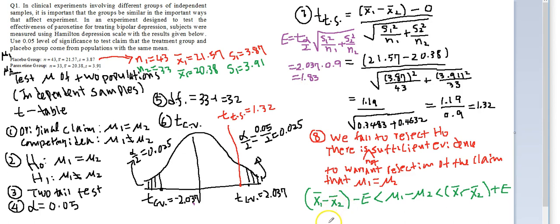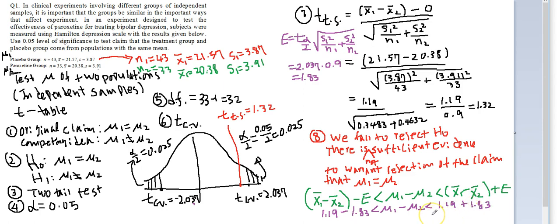Now we're going to come here, x bar 1 minus x bar 2, it was the 1.19. So we have 1.19 minus the margin of error, which is 1.83, then mu1 minus mu2, and x bar 1 minus x bar 2, which is 1.19, plus the margin of error, which is 1.83.